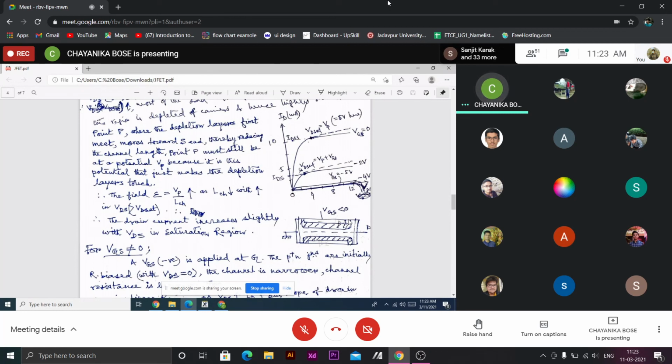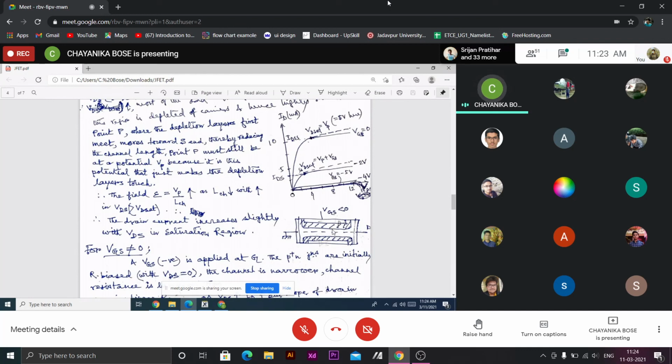That appears because the drain voltage is now quite significant, so a voltage drop will appear along this. You can say the current flows in this direction, so it is a resistor through which current is increasing in this direction. So the ohmic drop is more positive along this one with respect to this.